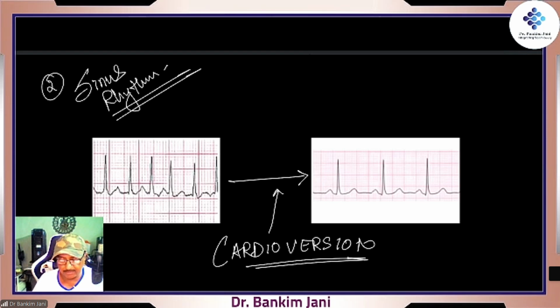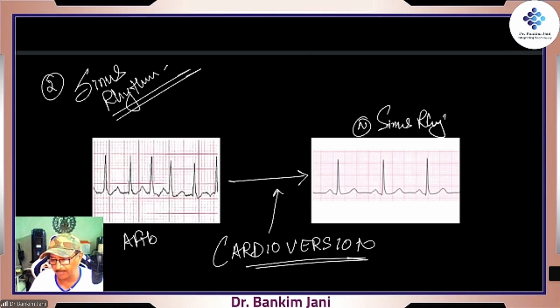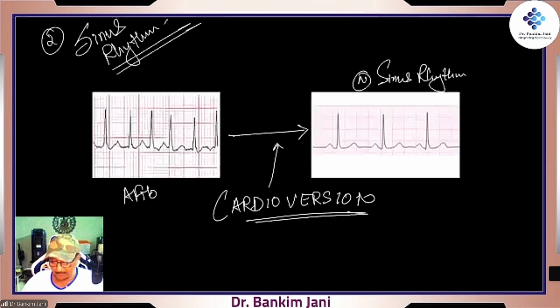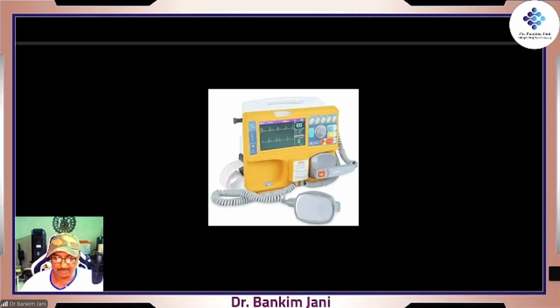Cardioversion. DC current is given, and you see that this is AFib and this is a normal sinus rhythm which has come up. We can even see the P wave very properly. This is what is called the defib. Chances of thrombus formation are very high.